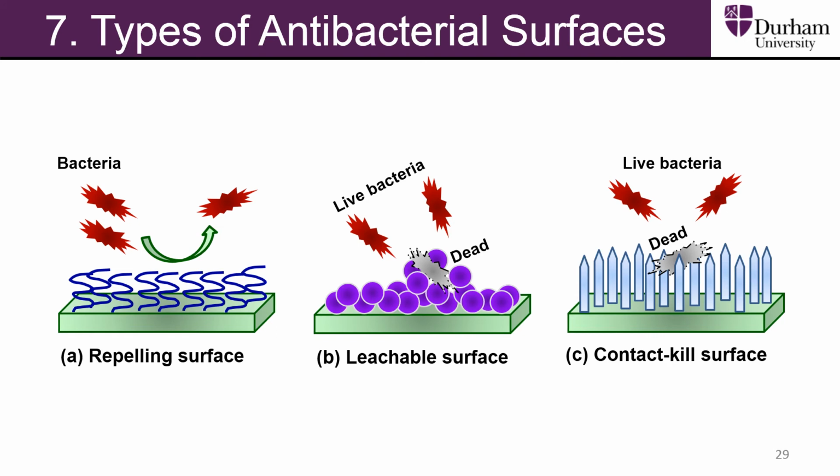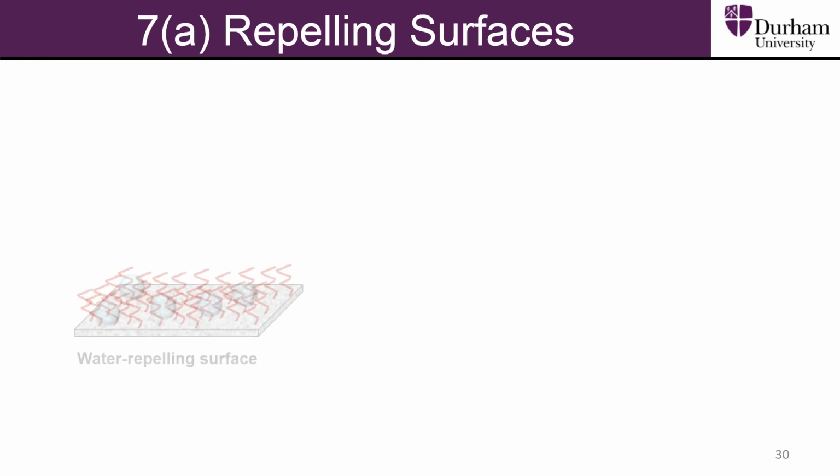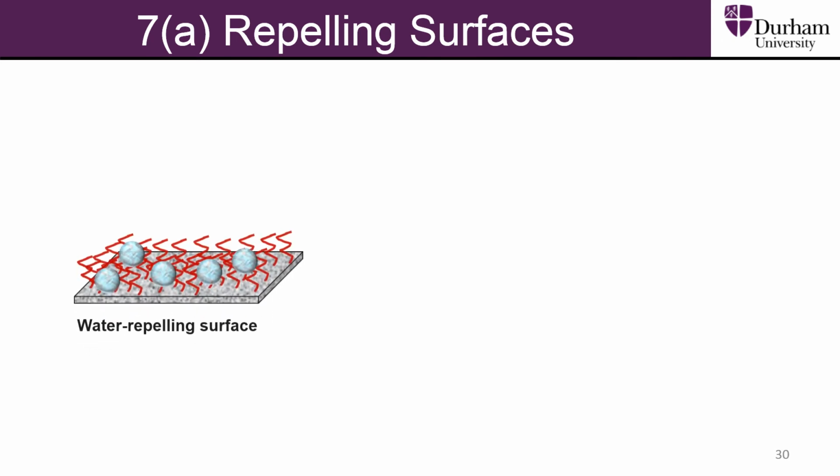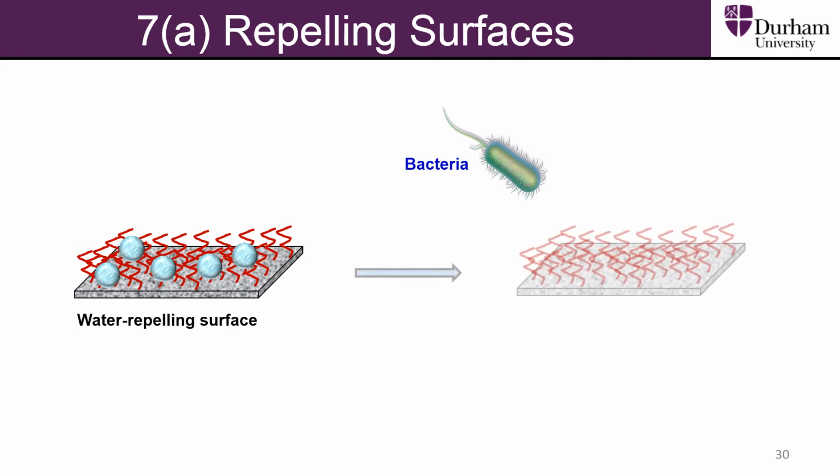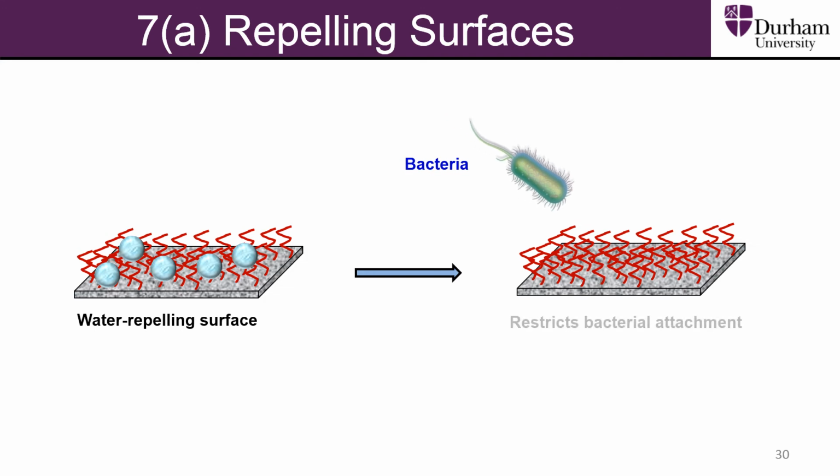We are now going to describe each of these antibacterial surfaces and explain how they are antibacterial. A water-repelling surface can prohibit bacterial growth, giving it its antibacterial properties. When the hydrophilic bacteria cells try to attach to such a surface, the surface will prevent their attachment and subsequent biofilm formation, which is achieved by repelling the bacterial cells.